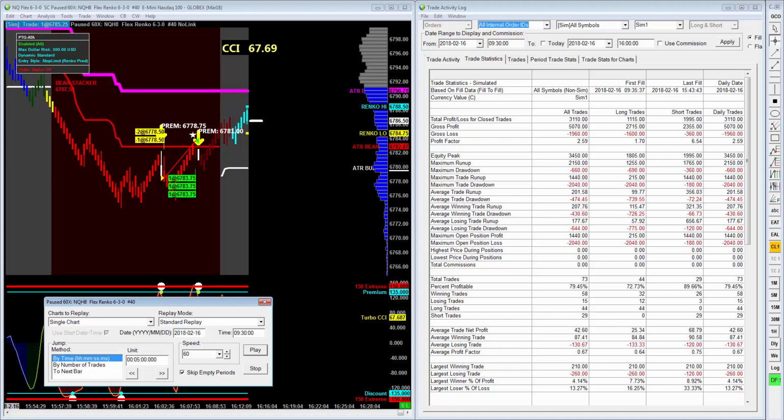Now, again, this was never designed necessarily to be a black box. In practice, what we typically will do is enable the algorithm, the auto trade assistant, and disable it throughout the day as the market conditions change and vary.